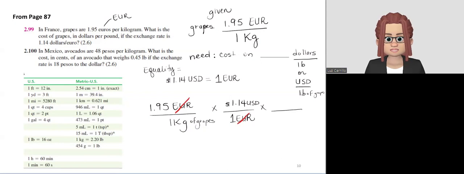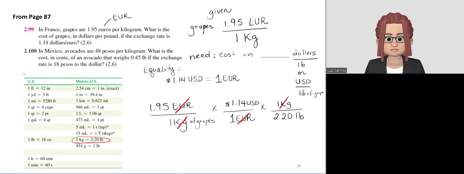We can observe that in table 2.7, there is a relationship between kilograms and pounds, which states that 1 kilogram equals 2.20 pounds. Because units always cancel diagonally, the kilogram units here can cancel with the kilogram units in this numerator.